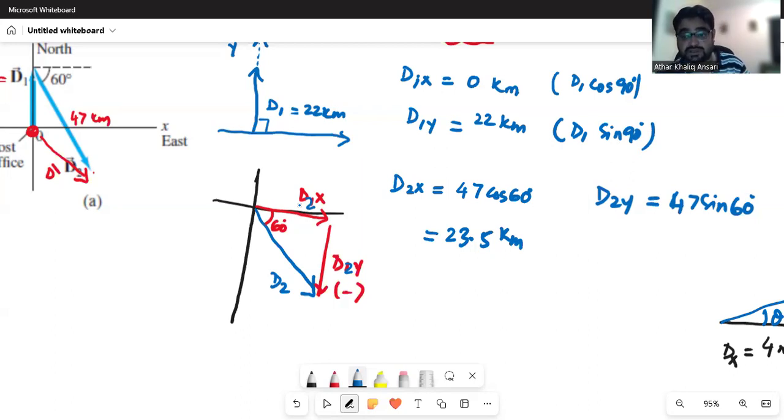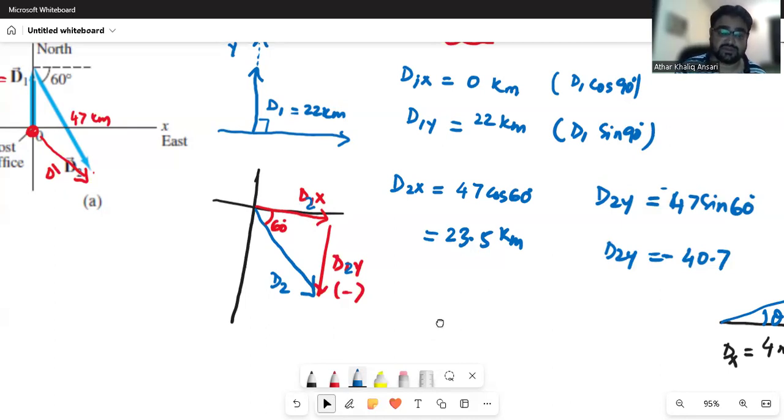And this one, as I told you, should be negative, so I should write here D2y is equal to negative 40.7. Okay, as I told you in the beginning, this is our first step that gives us the value of the components. So we did find the components of the vectors.